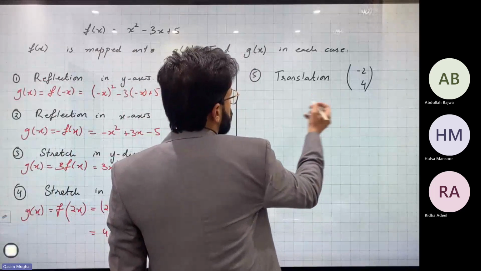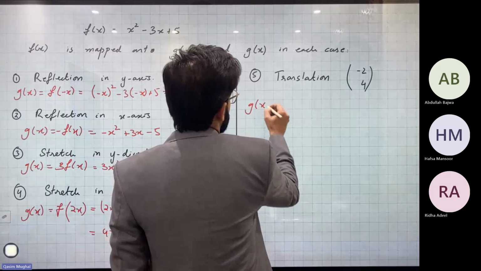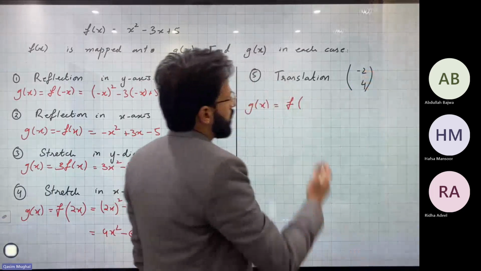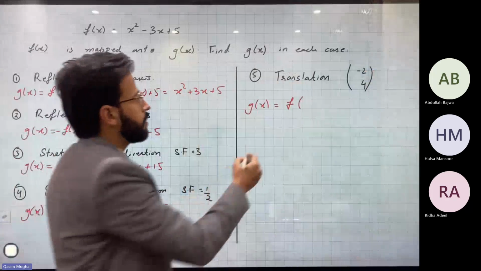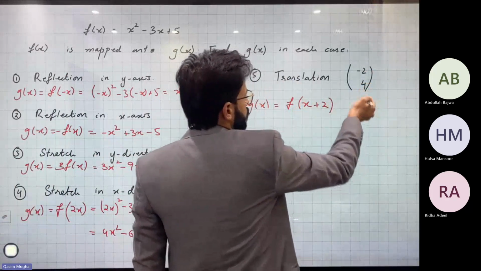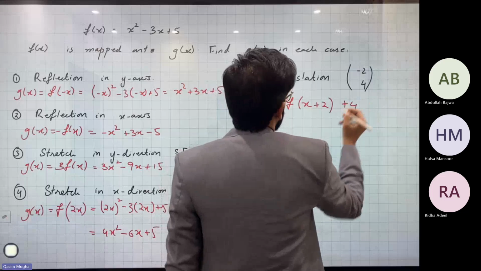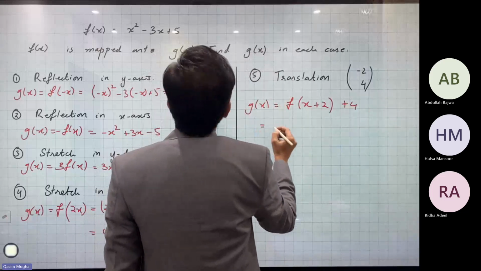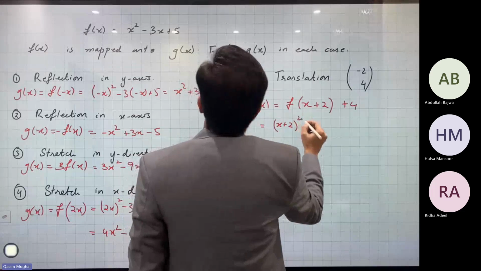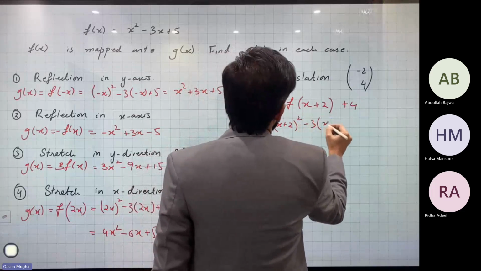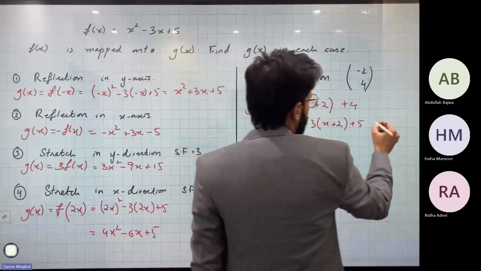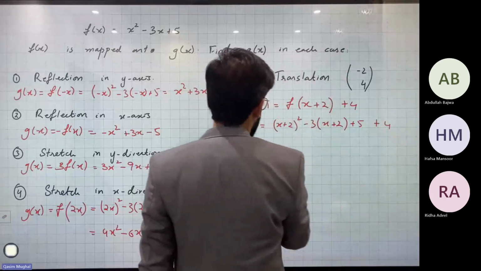Translation minus 2, 4. So g of x, f of हॉरिजॉन्टल ट्रांसलेशन है -2 यूनिट्स टू द लेफ्ट, तो ये क्या होगा x प्लस 2. वर्टिकल ट्रांसलेशन है 4 यूनिट्स अप, बाहर आ जाएगा +4. तो f ऑफ x प्लस 2 आपके पास बनता है x प्लस 2 होल स्क्वायर -3 इंटू x प्लस 2 प्लस 5. दिस इज f ऑफ x प्लस 2, फिर बाहर +4 भी है.